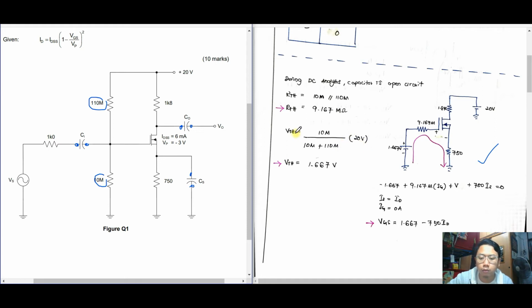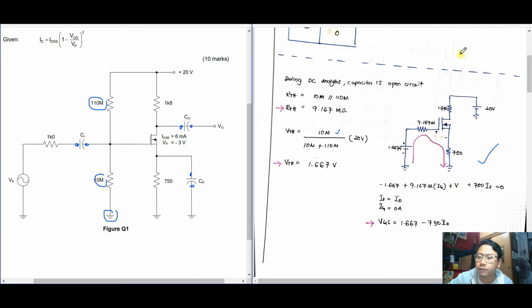How do we know this? The 10 mega ohm is chosen because this resistor is connected to the ground. So the value of VTH obtained is 1.667 volts. From these two values, construct this figure and use KVL to find VGS.